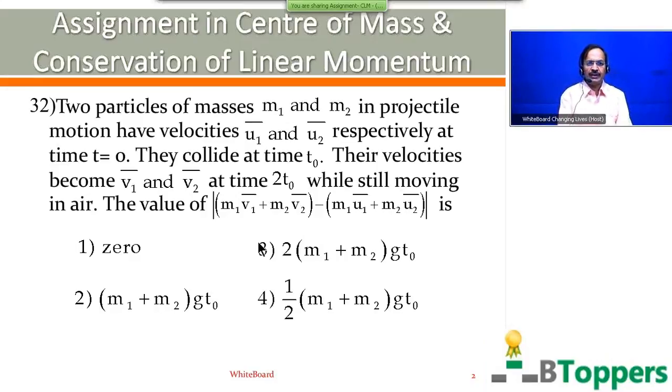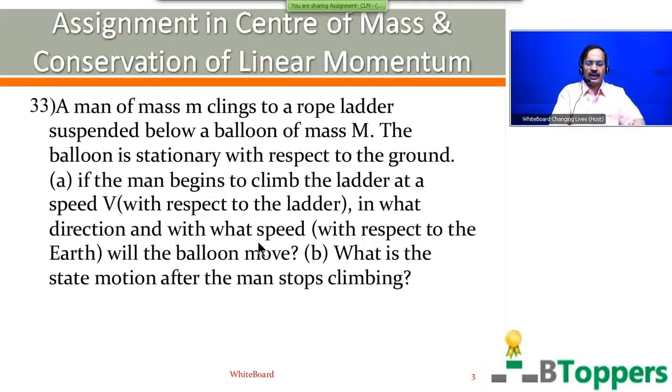I am going to show the next question on the screen. Look at the question number 33. I am going to read the question. A man of mass small m clings to a rope ladder suspended below a balloon of mass capital M. The balloon is stationary with respect to the ground.